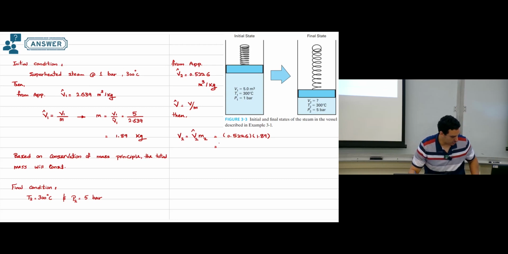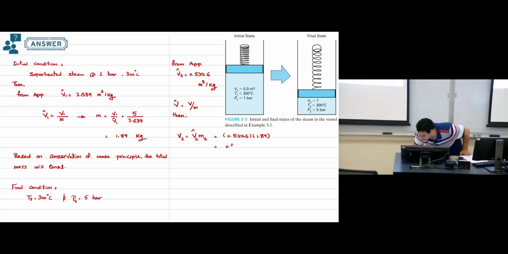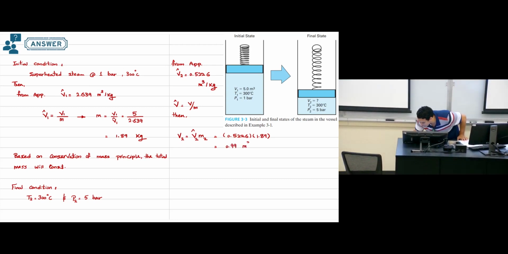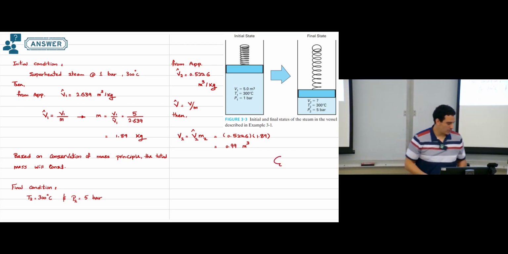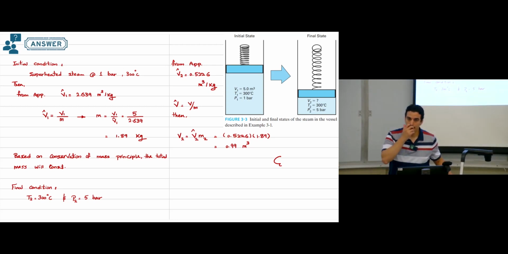Substituting, the final volume will be 0.99 meter cube. And this is what we needed to find. Clear? Any questions?